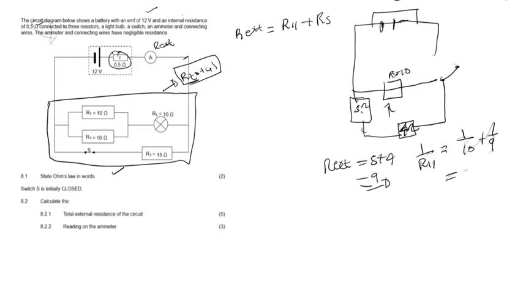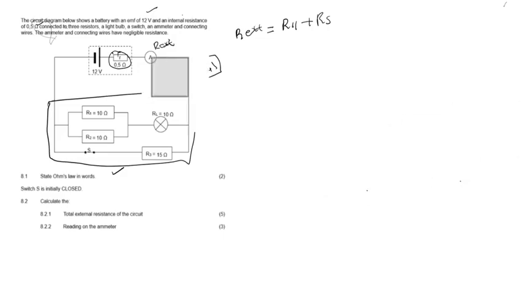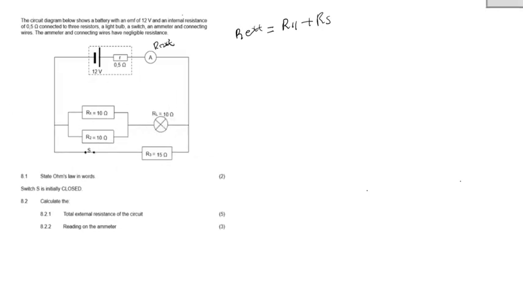Then you say 1 over 10 plus 1 over 9, and you get your new answer. Hopefully this clarifies external resistance, in case you didn't understand what I meant.